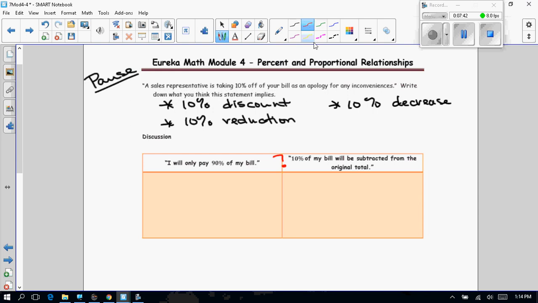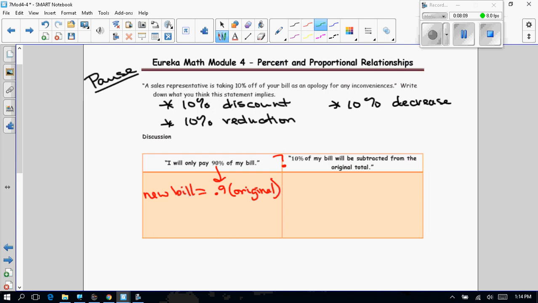Okay? So in other words, what they're saying on the first one, on the left-hand side, is that the new bill, mathematically, is going to be 90% or 0.9 of the original, right? That's what they're saying in that one. Is that the same thing as saying 10% off?